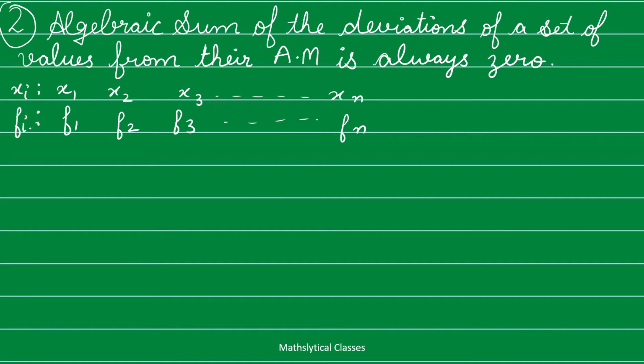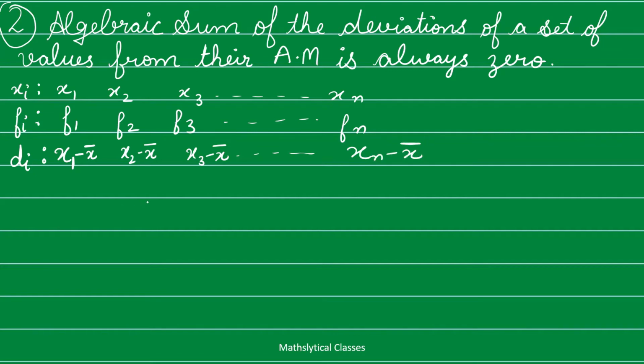The deviations will be given by di, so we have to take deviations from the mean: x1 minus x bar, x2 minus x bar, x3 minus x bar, and so on to xn minus x bar. These are the deviations from the arithmetic mean.